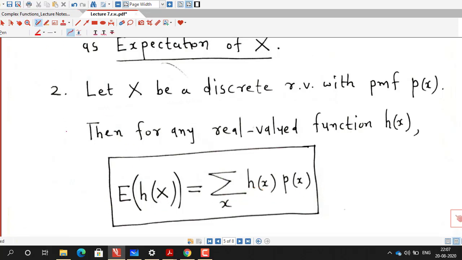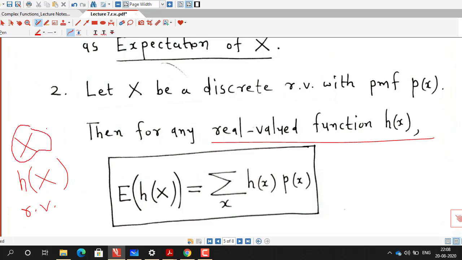Here we are using the fact that if capital X is a random variable, then for any real valued function h, h of capital X is also a random variable.